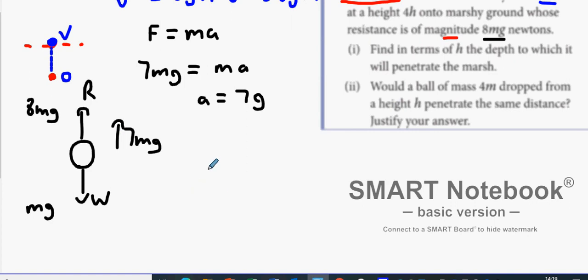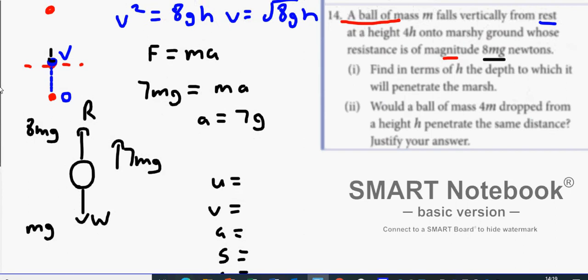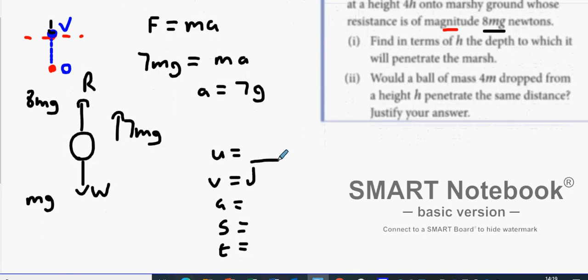So we do UVAS one more time, where we do U, V, A, S. In this case, we know that the V value starting off, what velocity does it hit the ground at? Well, it hits the ground at root 8gh. Oh, sorry, that's the U value, not the V value. U value. Comes to rest.